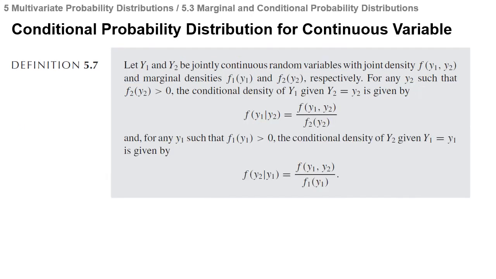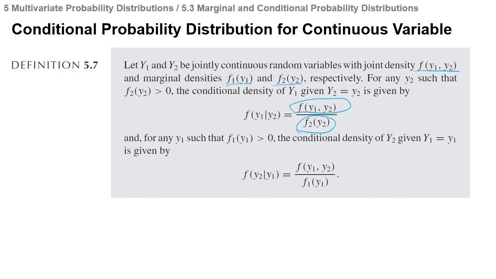So here's definition 5.7. For the conditional probability density, you calculate it with the joint density divided by one of the marginal densities. Let Y1 and Y2 be jointly continuous random variables with joint density f(y1, y2) and marginal densities f1(y1) and f2(y2) respectively.